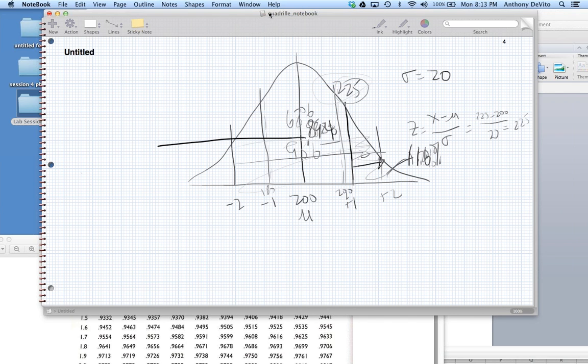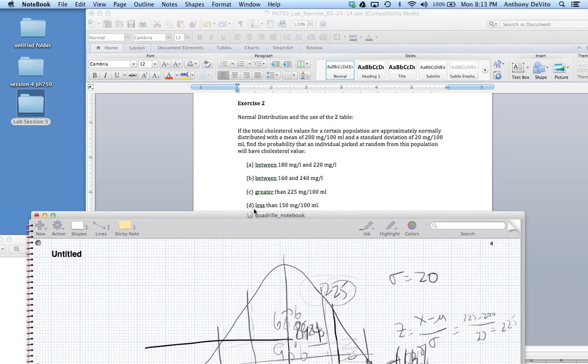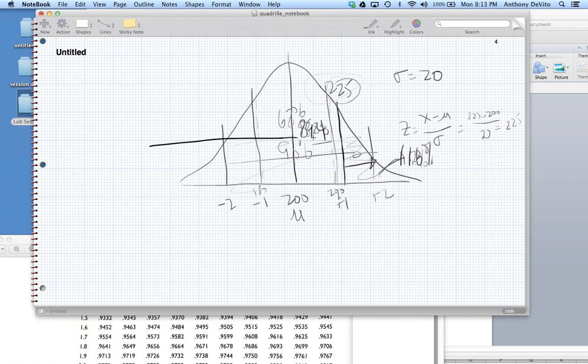Now let's look at the next question. Less than 150. 150 is going to be out here somewhere. I knew there was one that was kind of extreme. So z is equal to 150 minus 200 over 20, which is minus 50 over 20, equal to minus 2.5. I hope I got that one right.